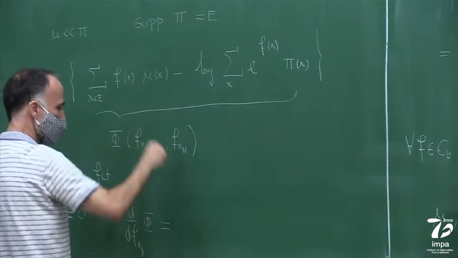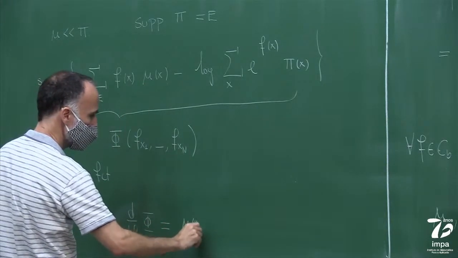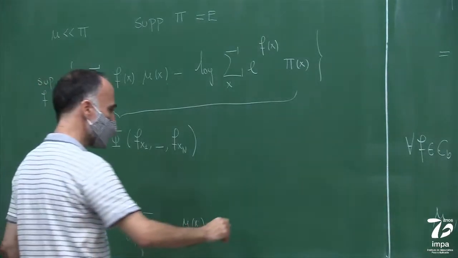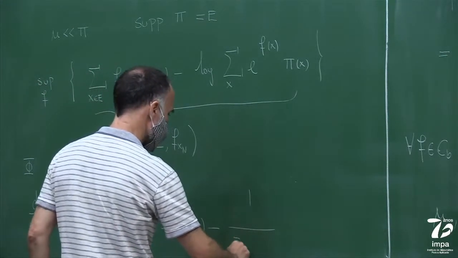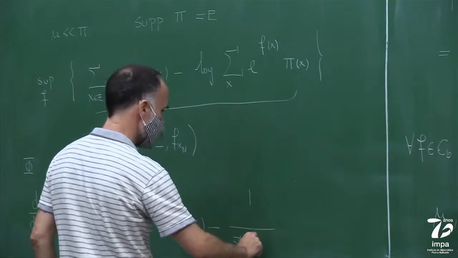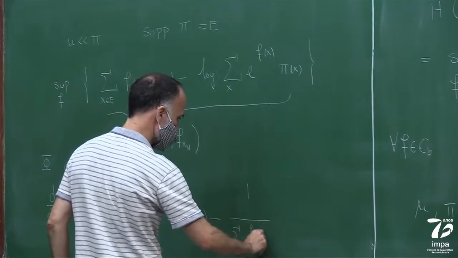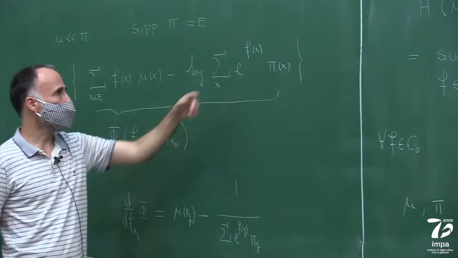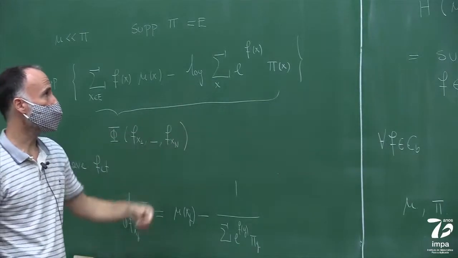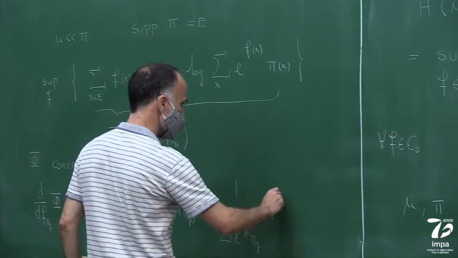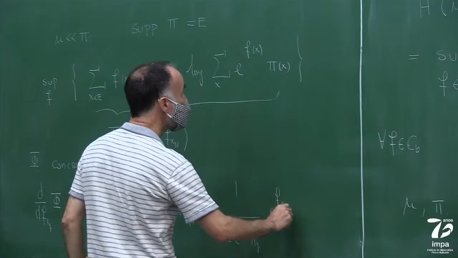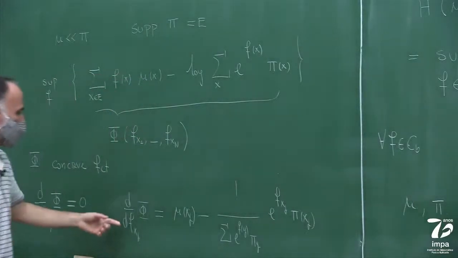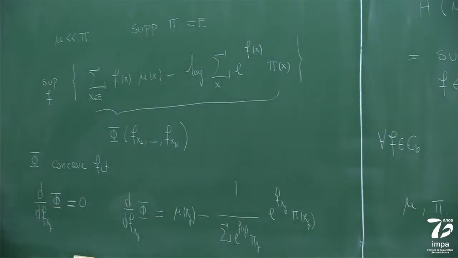So this is the first term, it's mu of xj. Then minus, I have a logarithm, so this is 1 over the sum of exponential f(y) pi(y). And then the derivative of this expression with respect to f(xj), so this is exponential f(xj) pi(xj). So this is the partial derivative of phi with respect to f(xj).